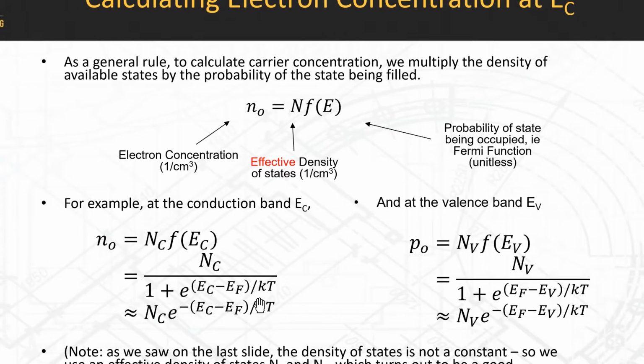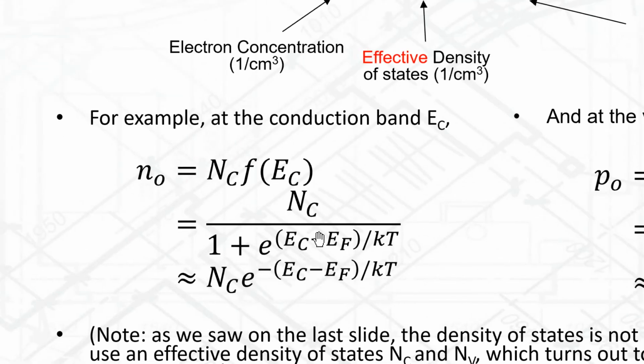It simplifies to just Nc e to the negative (Ec minus Ef) over kT. How did this simplify? It looks like one term went away. Why did it go away? Because Ec minus Ef is large. Ec is above Ef, so this exponential term quickly becomes much larger than 1, and you can ignore the 1.